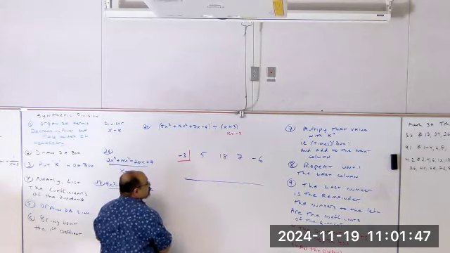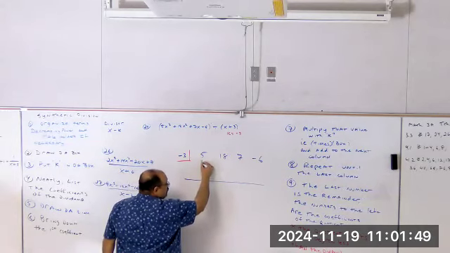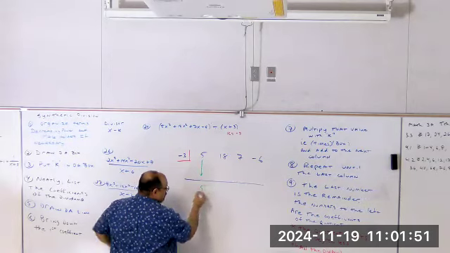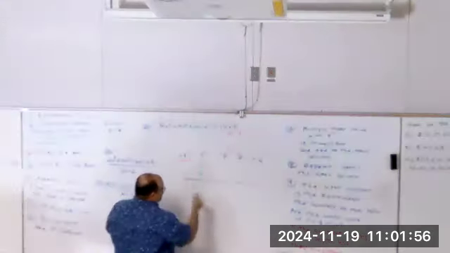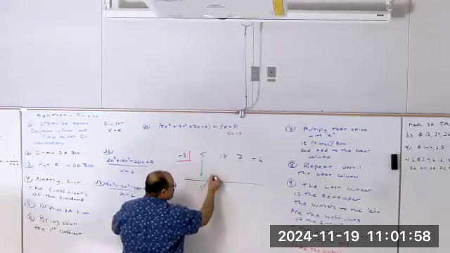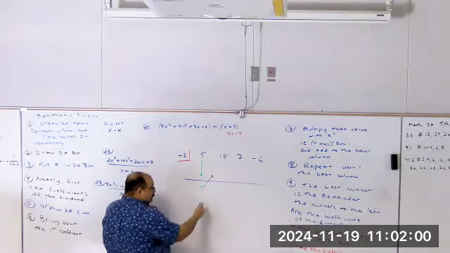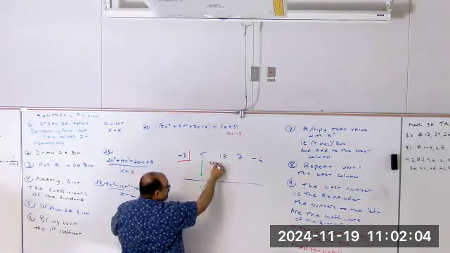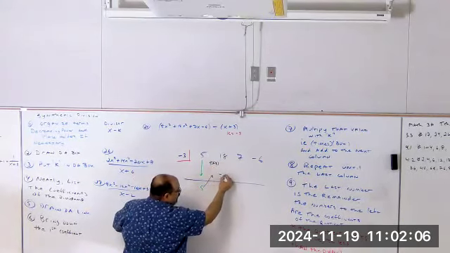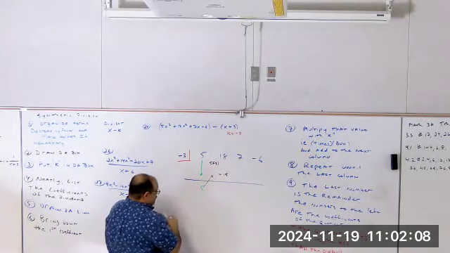We bring down the first coefficient. It's a 5. And then we multiply this 5. You don't even have to draw the arrow. You know you're going to go diagonal. It's 5 times that -3. We get -15.